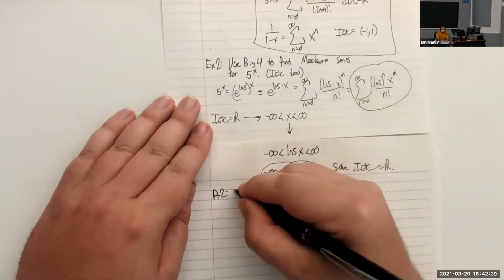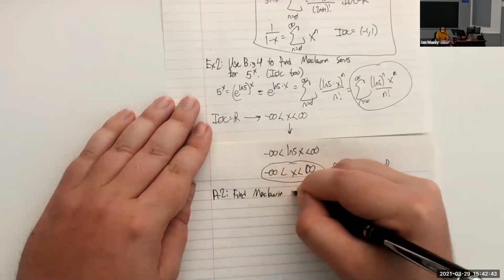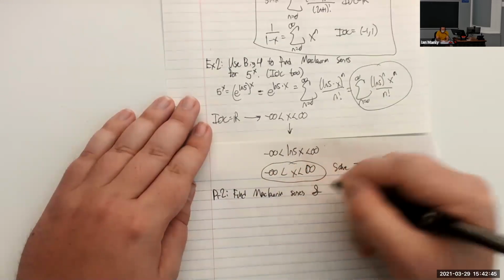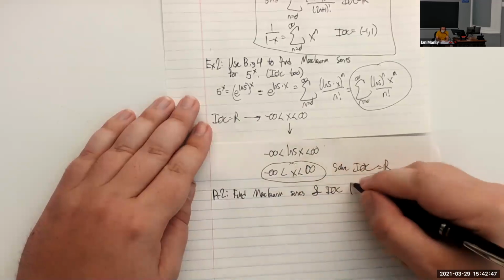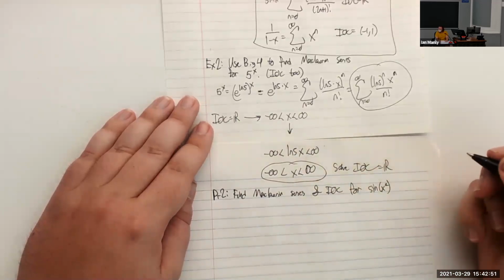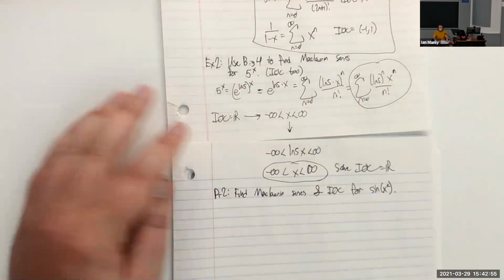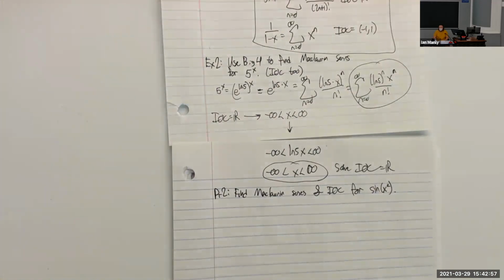why don't you guys find the Maclaurin series and IOC for sine of x squared. So see if you can find a series representation for that one, along with its interval of convergence.